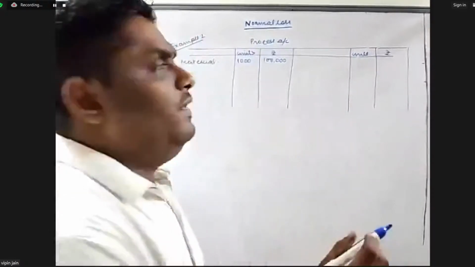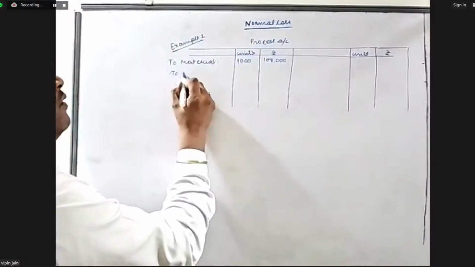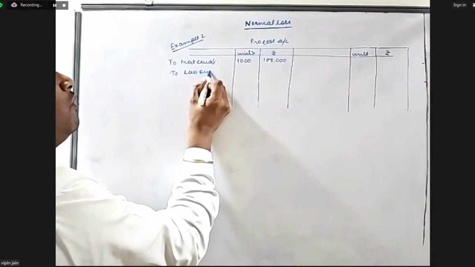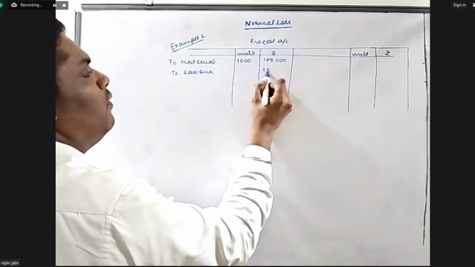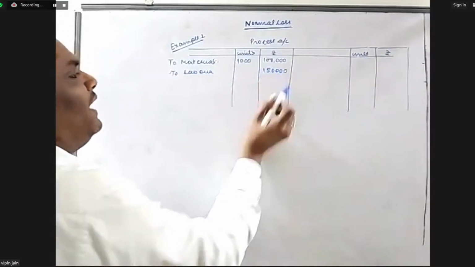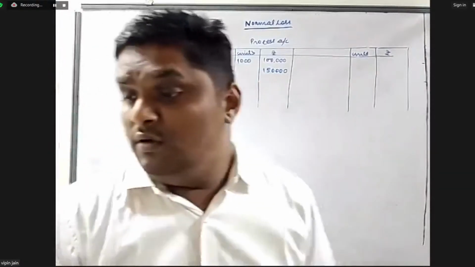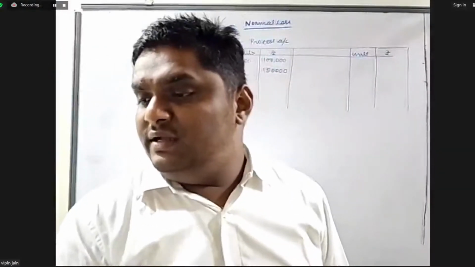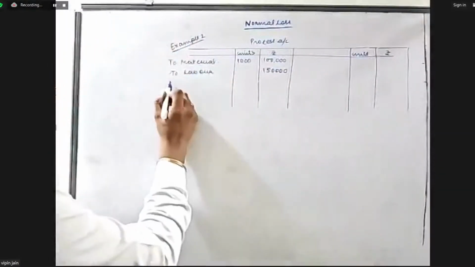Further, labor cost is given, 1,50,000. So to labor 1,50,000. Further, other expenses are there, that is 50,000.